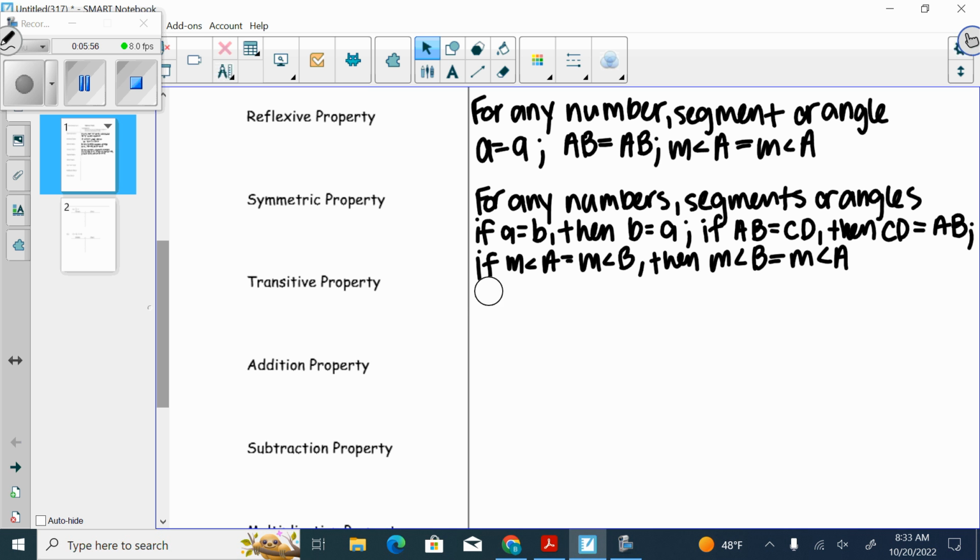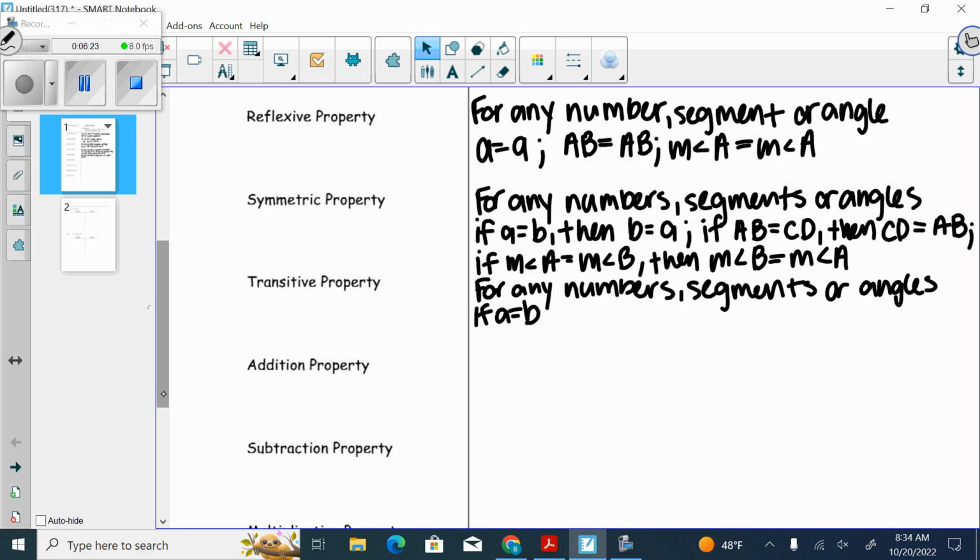So the way we would write this here is for any numbers, segments, or angles, if A is equal to B, and you know that B is equal to C, then I should be able to say that means A and C are equal to each other.